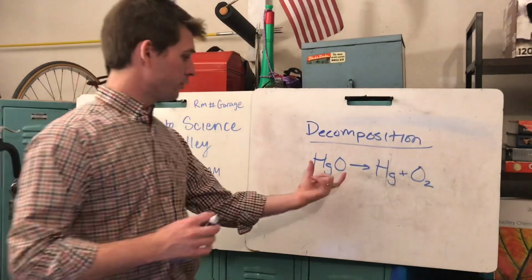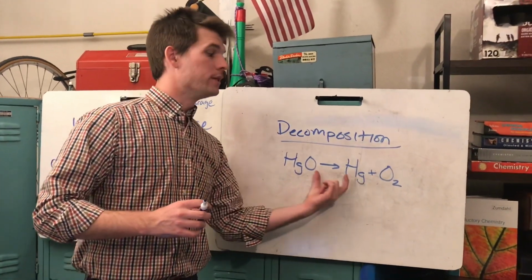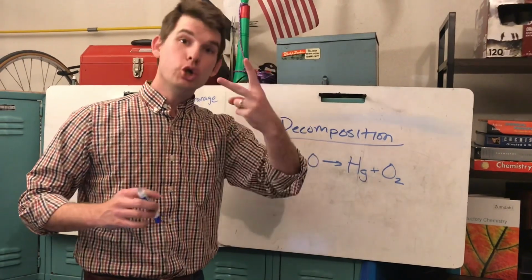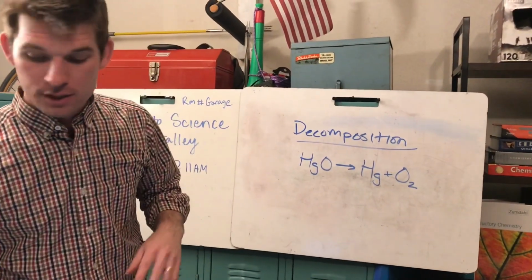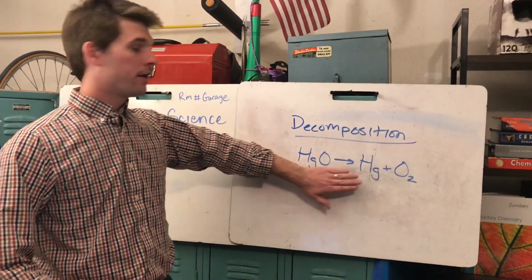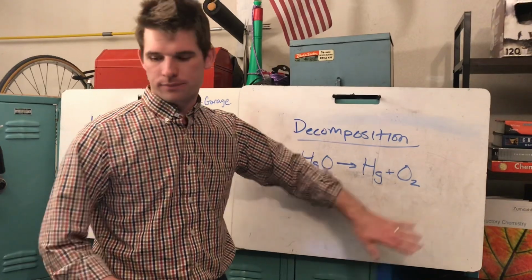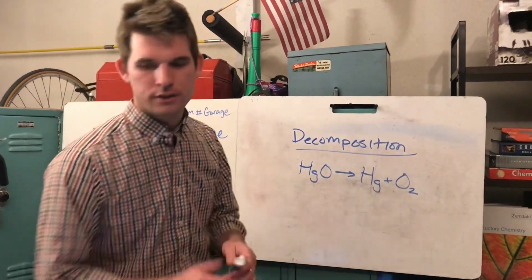So what you're doing is taking one reactant and it's going to decompose and break apart into two different products, or more. This is the only time you see something with only one reactant, and it breaks apart into more products.